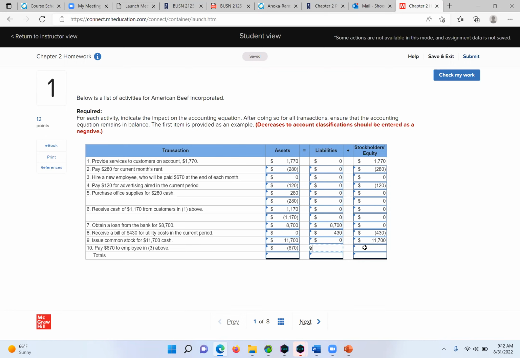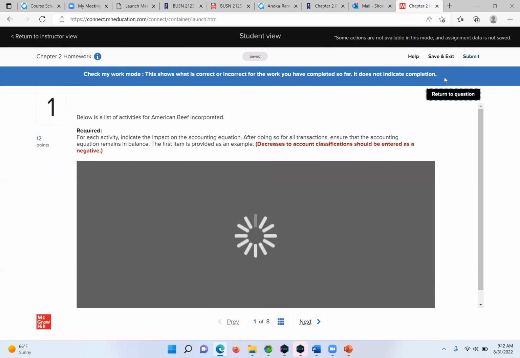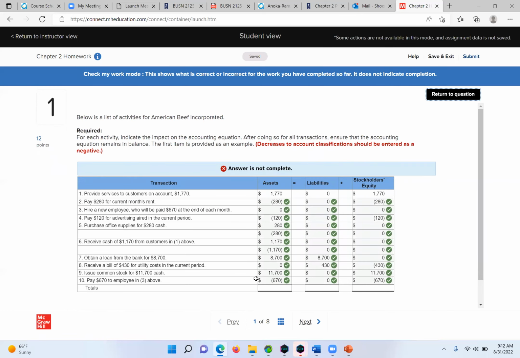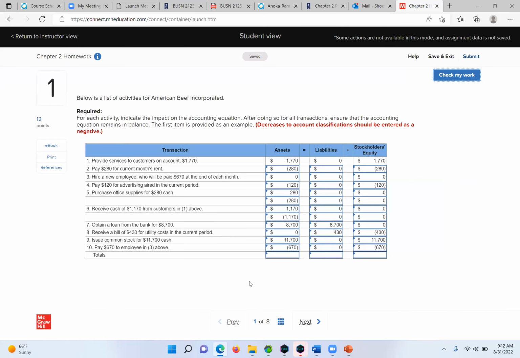And our stockholders' equity also went down $670 because an expense decreases stockholders' equity, doesn't it? Now, I haven't totaled these, but if you total these, you'll see that the assets equal the liabilities plus the stockholders' equity.